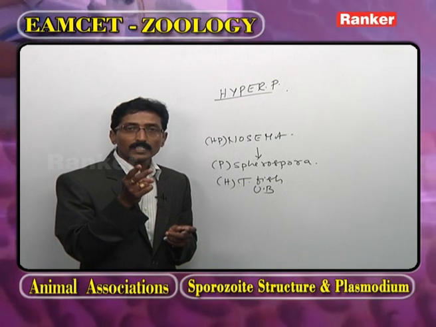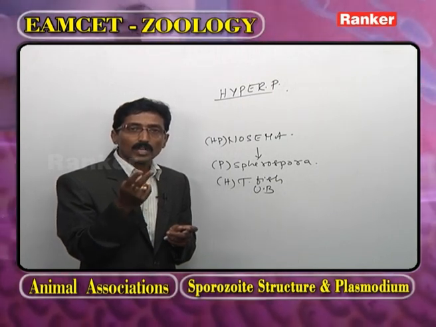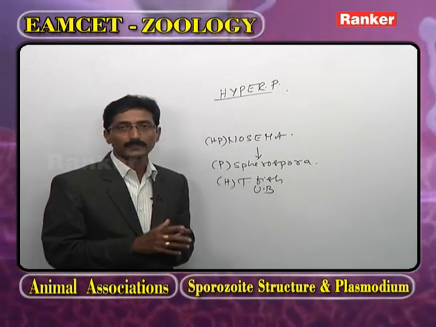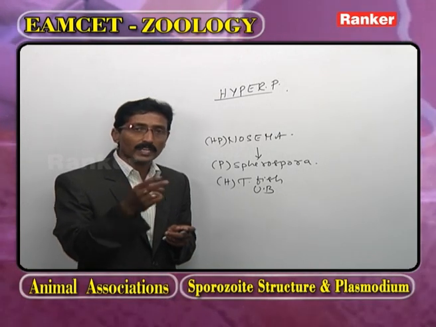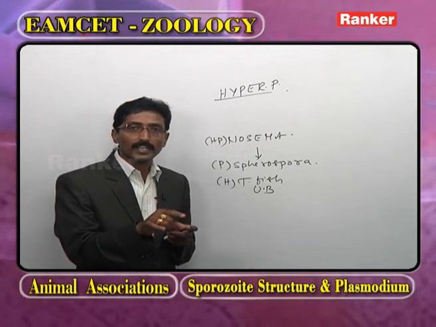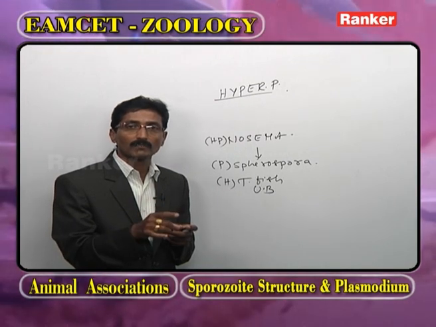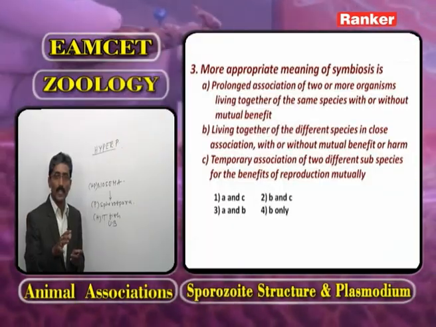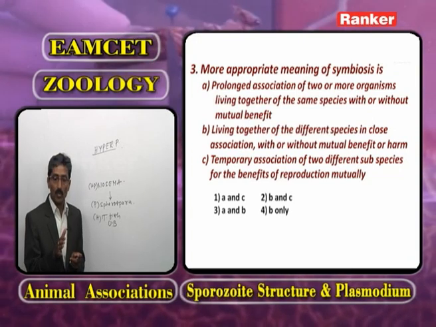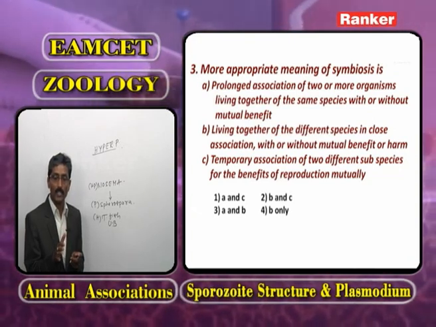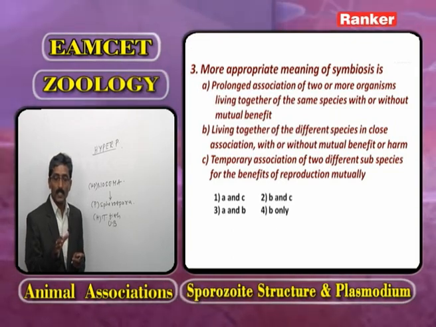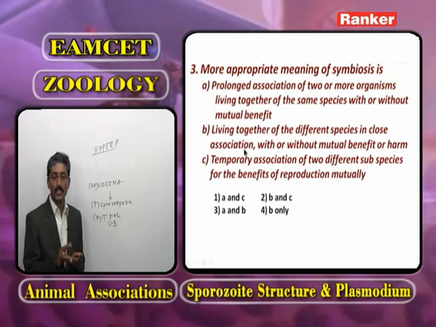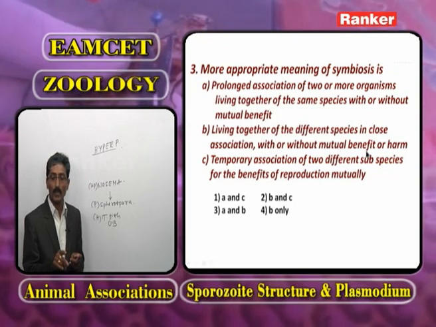So what is meant by symbiosis? Two organisms belonging to different species live together for a prolonged period. In this association, both may benefit, or one benefits and the second is neither benefited nor harmed, or one benefits and the second almost always gets harmed. So the more appropriate definition of symbiosis is the living together of different species in close association with or without mutual benefit or harm.